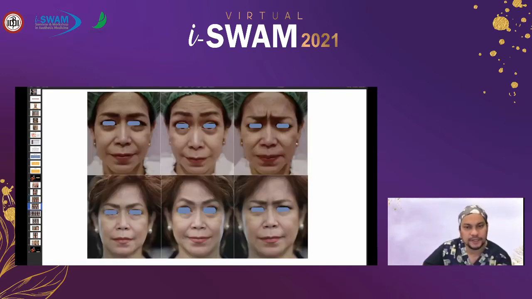And then here is another example. I fixed her fine lines, her deep lines, and also the wrinkles at the frontalis and glabellar areas, and also the wrinkles at the lateral part of her eyes. In older women, in aging cases, I always put 2 units for the depressor labii, and the others are superficial.